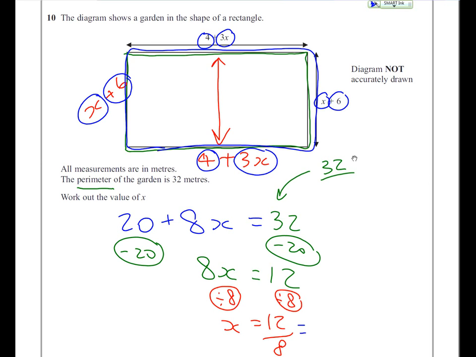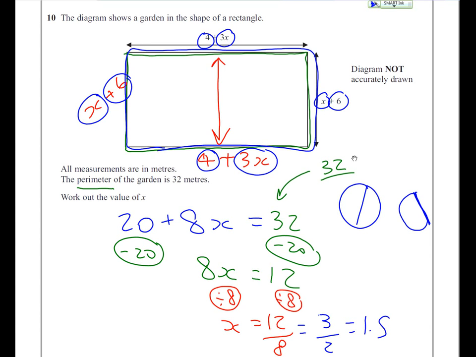Now you think 12 over 8 you can simplify by dividing by 4. So you get halves. That's another half. It's 1.5.